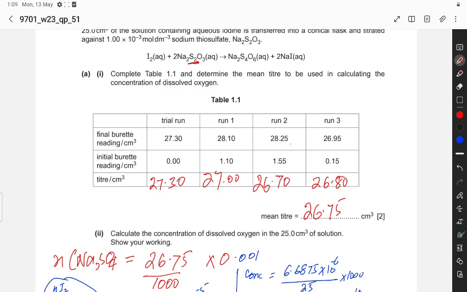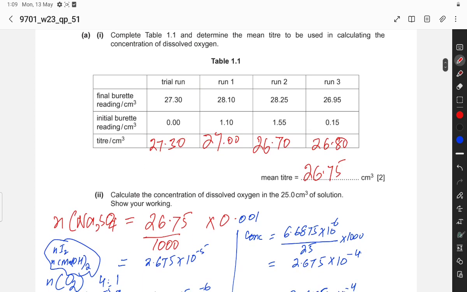So 28.25 and 1.55, and similarly the initial reading is this. Now the titre per cm³ is 27.30, run 1 is 27, run 2 is 26.70 and here 26.80.